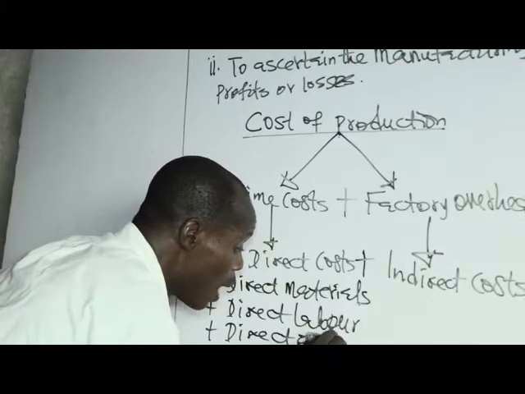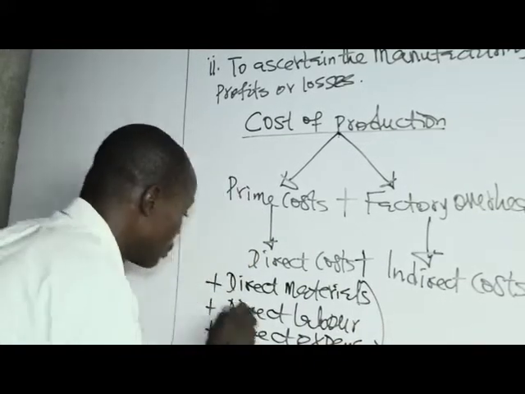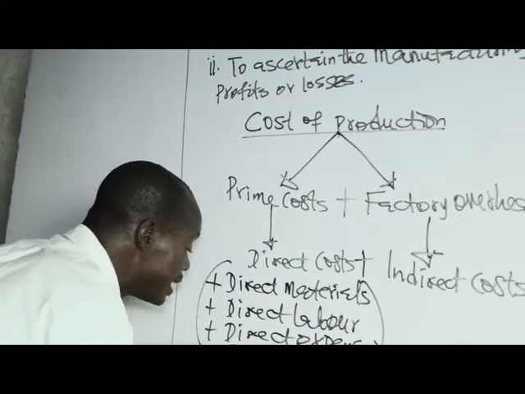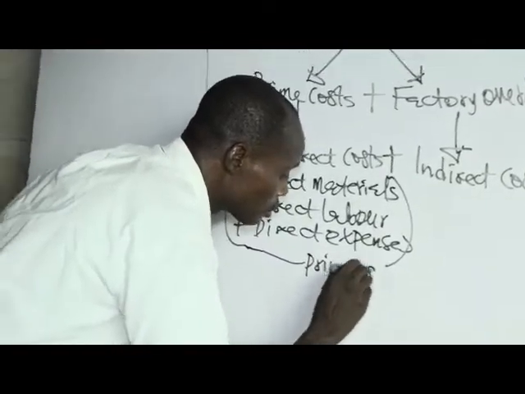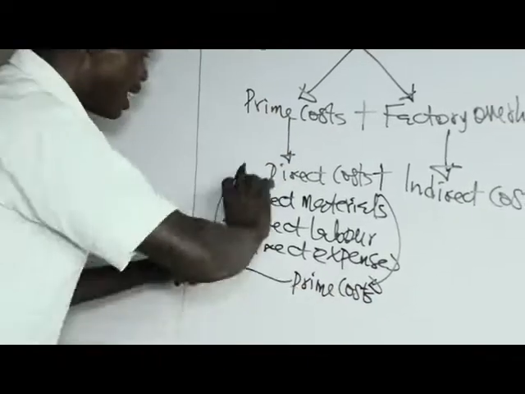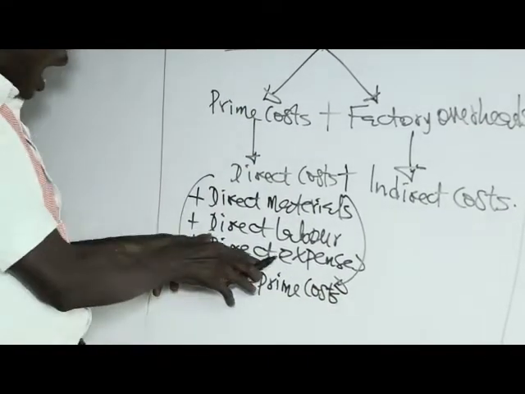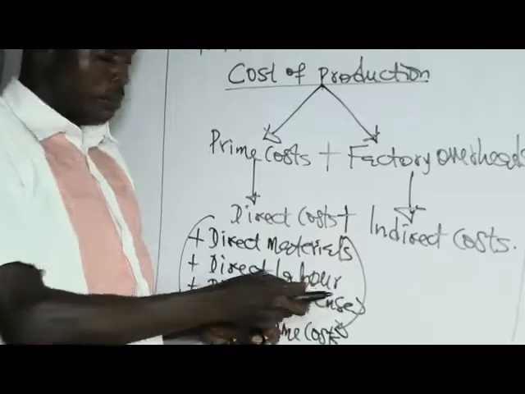When you add the three elements together, the total of these three elements is the prime cost.